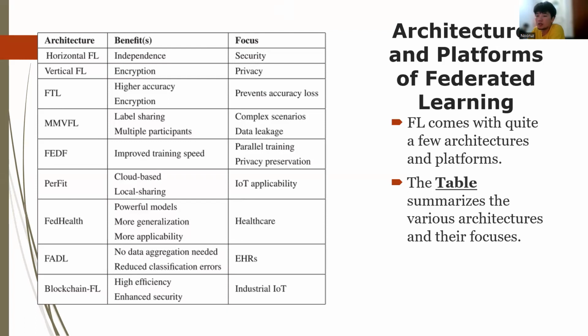For example, as you can see on our table, there is the list of architectures, their benefits, and also their main focuses. For example, the architecture FTL has the benefits of higher accuracy and encryption, and the focus of preventing accuracy loss, and so on.